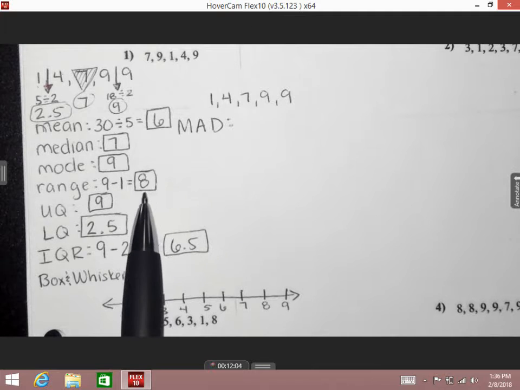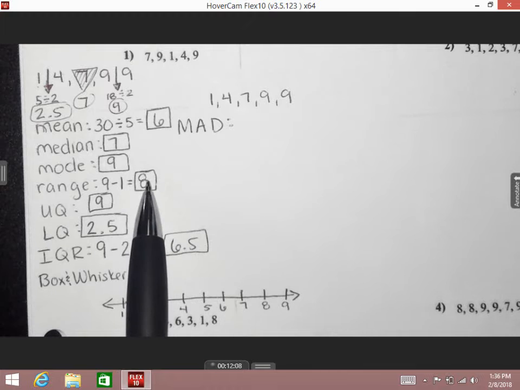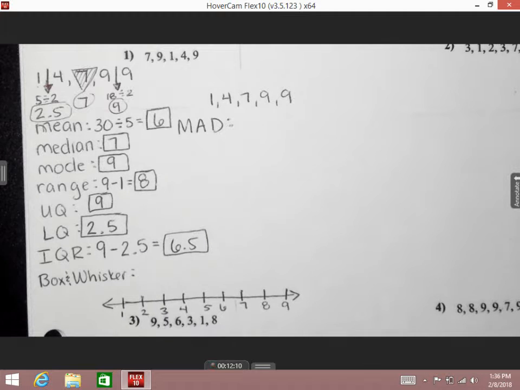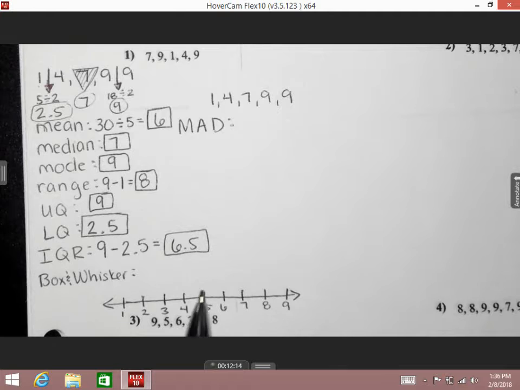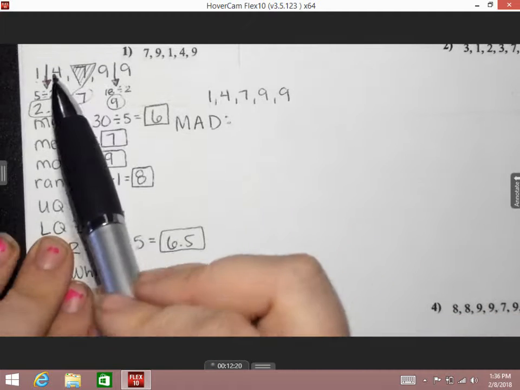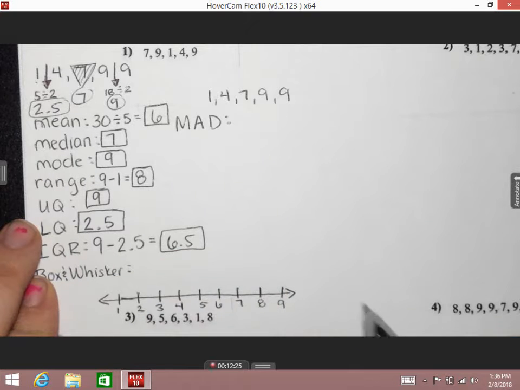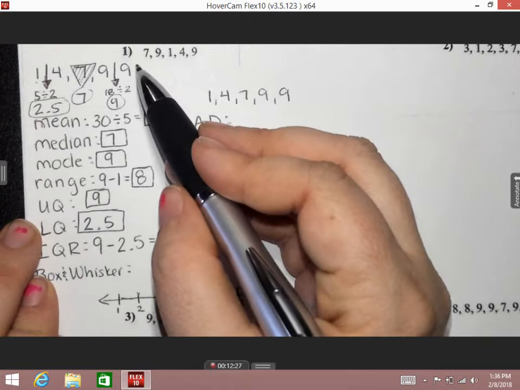To find out how many tick marks you put, you look at your range and you add 1, which was 9. How many tick marks did I put? 9. Right? Another way to do that, if you can't remember to add 1 to the range, that's fine. Look up here. What number do I need to start at? 1. And I need to keep putting tick marks until I get to 9.